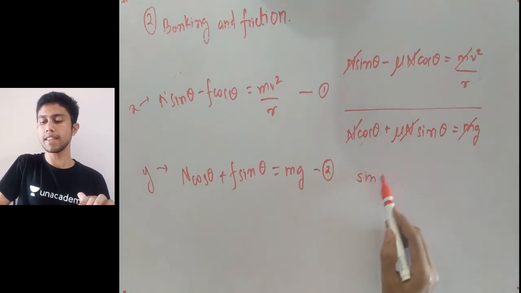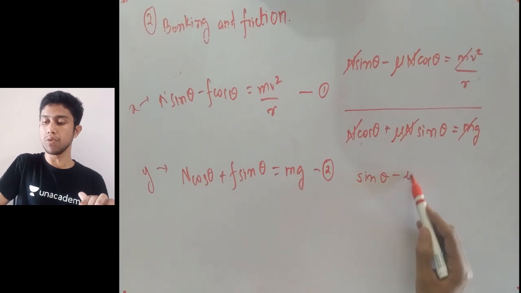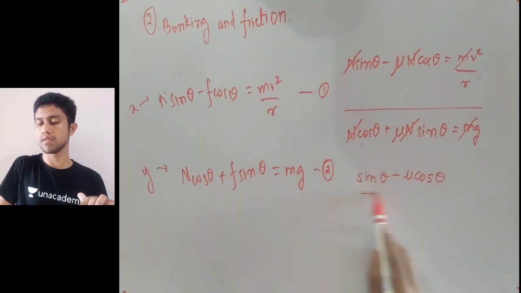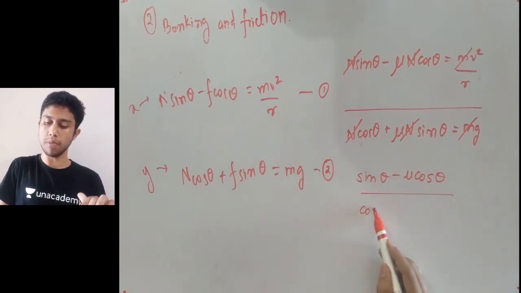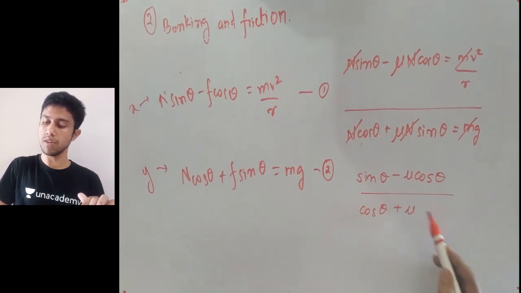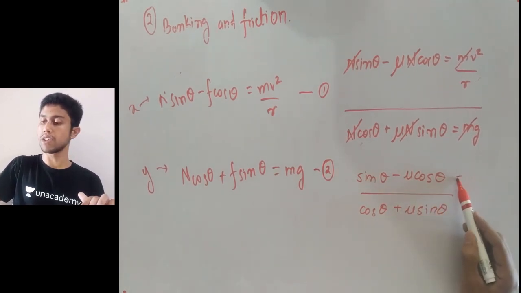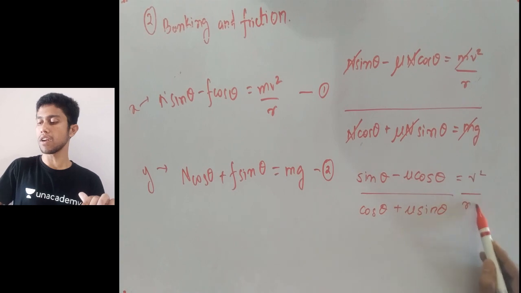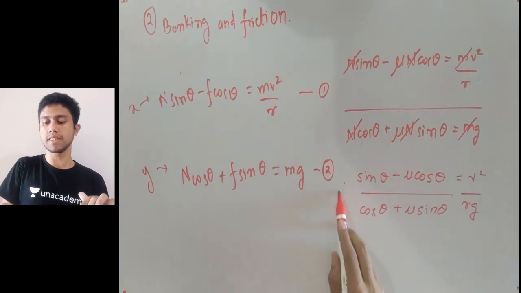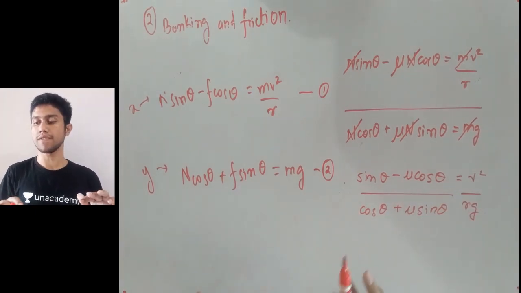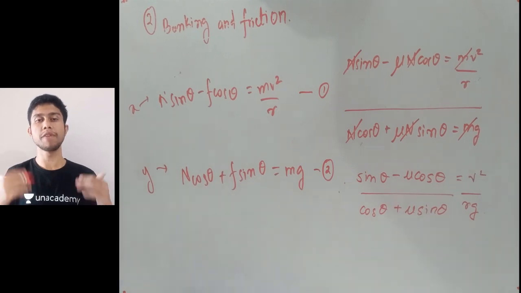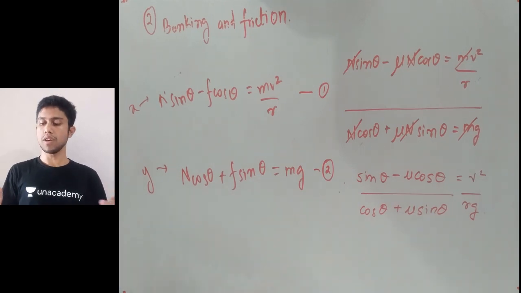So I'll get sine theta minus mu cos theta upon cos theta plus mu sine theta is equals to v square upon rg. So this is the simplified formula of this expression, which will be simplified more.